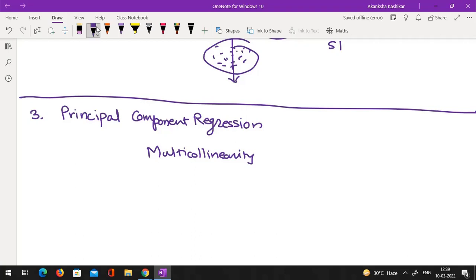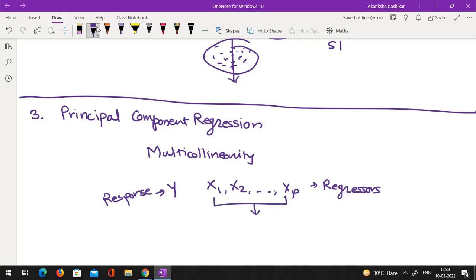What is multicollinearity? When you have a multiple regression setup, you have one response y and suppose x1, x2, ..., xp as the p regressors. So this is my response. Sometimes these regressors may be correlated with each other. There may be high correlation among themselves.